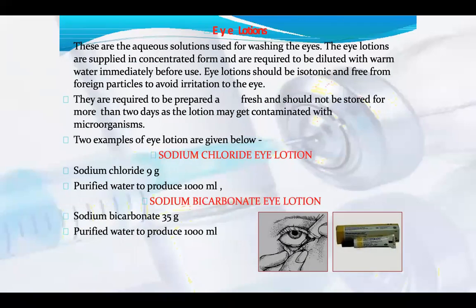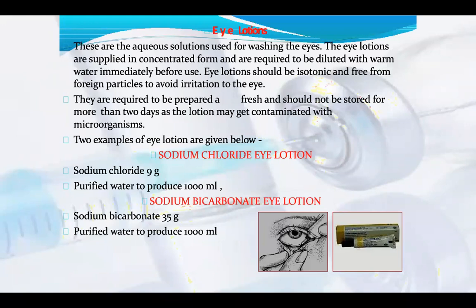Eye lotions. These are aqueous solutions used for washing the eyes. Sometimes when you use contact lenses, you need eye lotions. The eye lotions are supplied in concentrated form and are required to be diluted with warm water immediately before use.